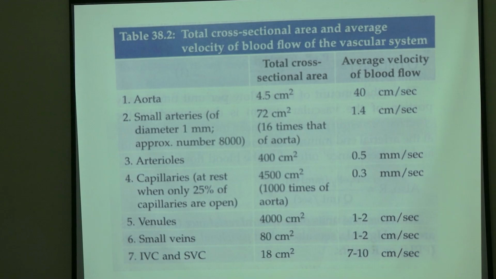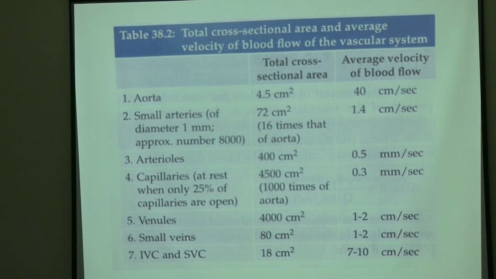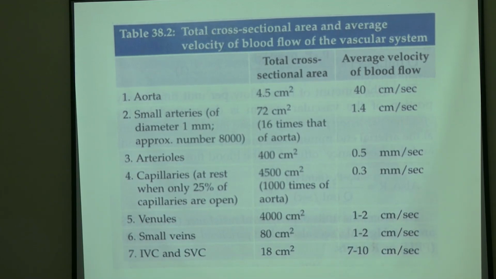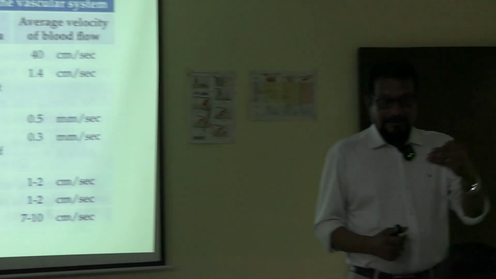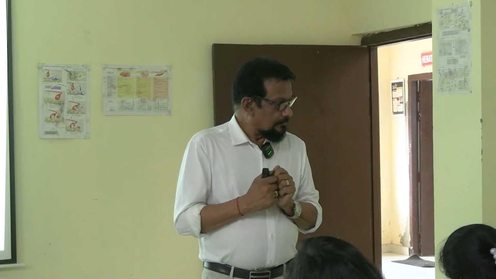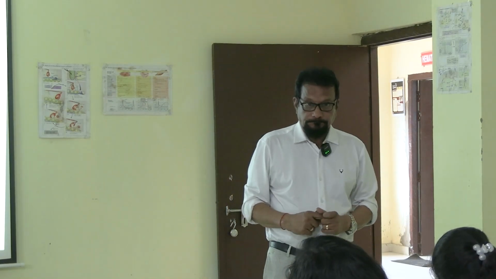It will give off branches, and every branch will have a smaller cross-sectional area. Now, if you add the cross-sectional area of all the branches, what will happen? The summated amount will be more than the aorta.